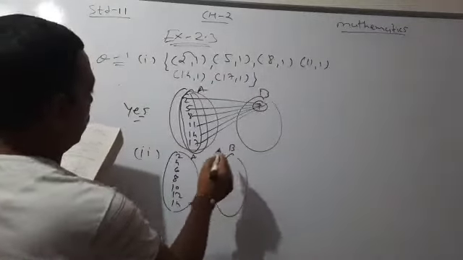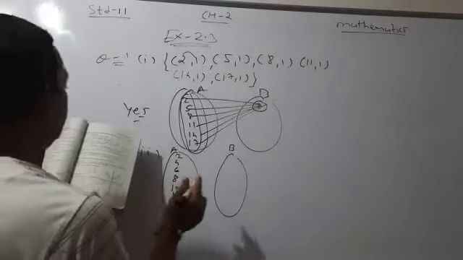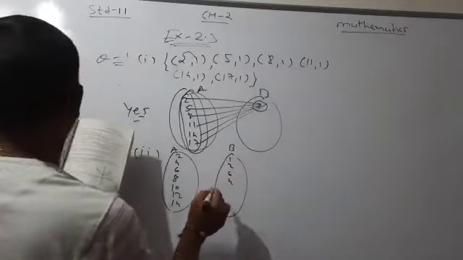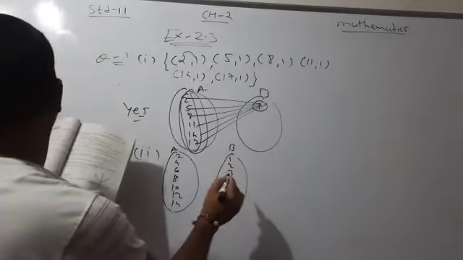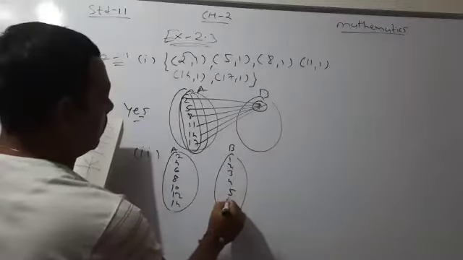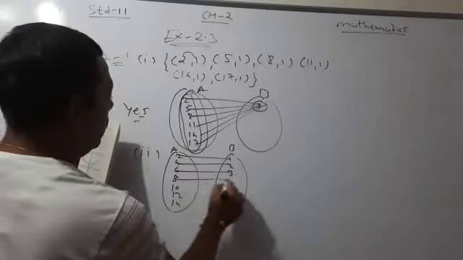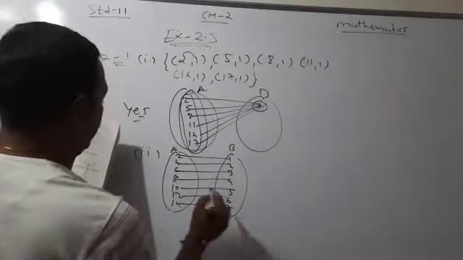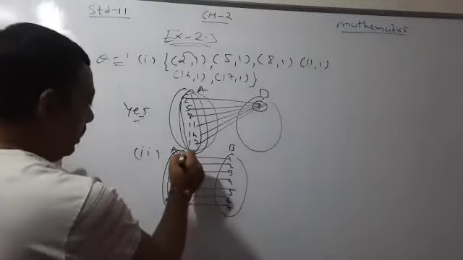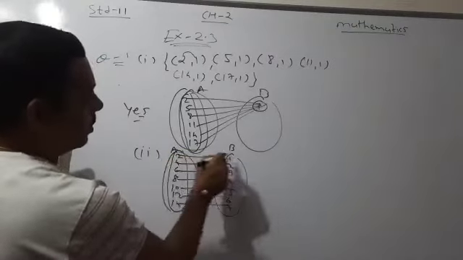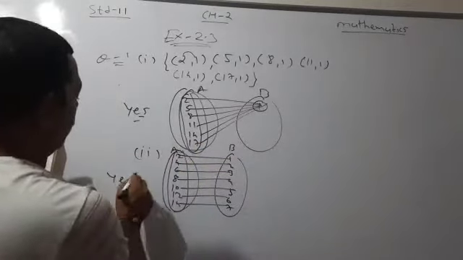This is namely A, this is namely B. See, 2 is connected with 1, 4 with 2, 6 with 3, 8 with 4, 10 with 5, 12 with 6 and 14 is connected with 7. Again, all the entries are connected and only one relation is connected from A to B. So this is also called a function.